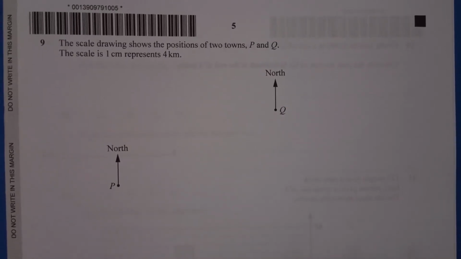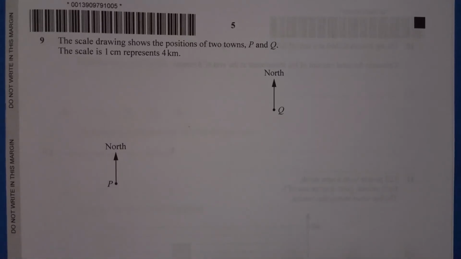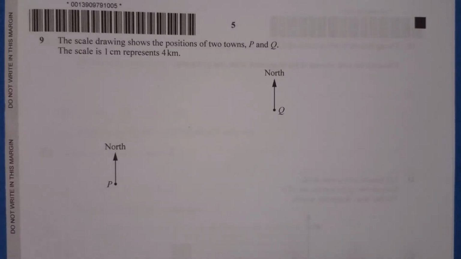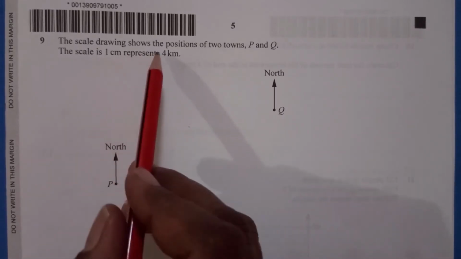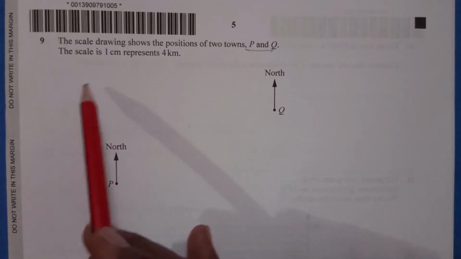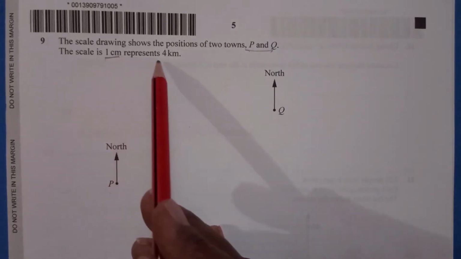The scale drawing shows the position of two towns P and Q. We have town P here, Q here. The scale represents 1 centimeter as 4 kilometers, right?